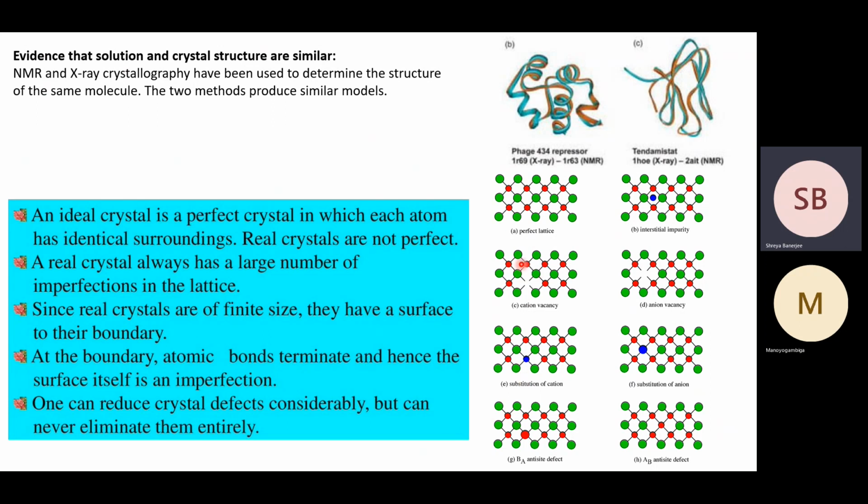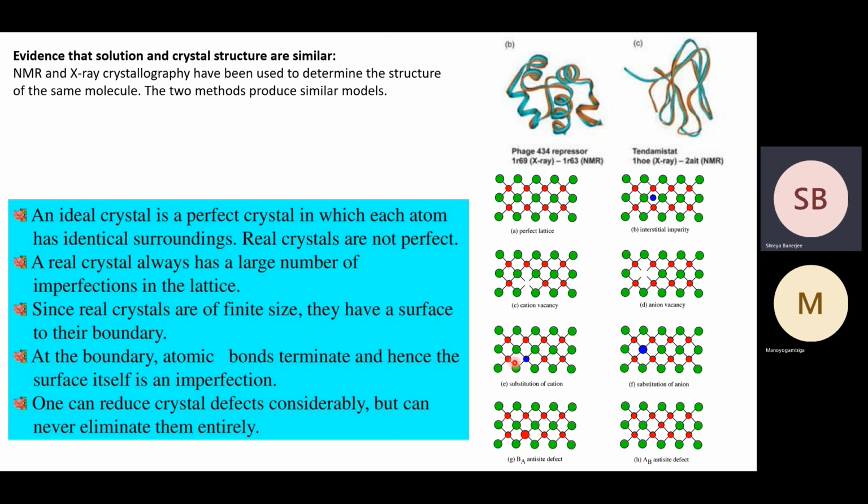Or it can be that instead of this red atom, some other atom has entered, or instead of the green atom, some other atom has entered that position. So that is called a substitution defect. Or it can be that instead of the red atom at this position, one of the green atoms occupies it. So that is called an anti-site defect. So there can be so many different kinds of defects in real crystals.